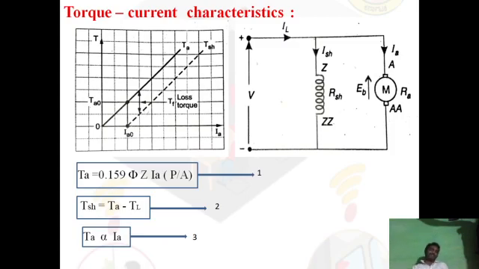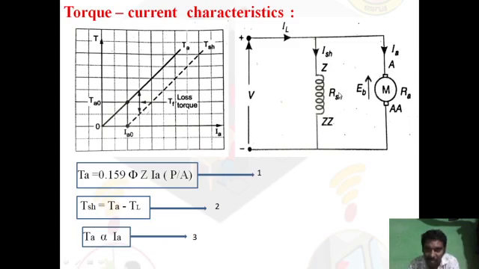Now, how is torque developed? From the working principle of motors, the torque is developed at the armature, that is the mechanical force. In a DC motor the input is electrical energy and the output is mechanical energy. How is the mechanical force produced? That is nothing but the torque. If you observe the circuit diagram of the DC motor, a DC voltage is applied in parallel to the field coils and the armature conductors.